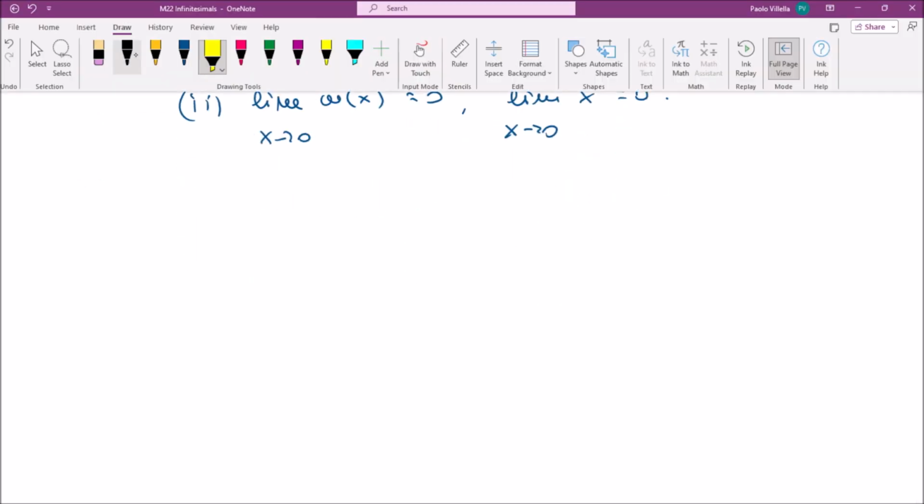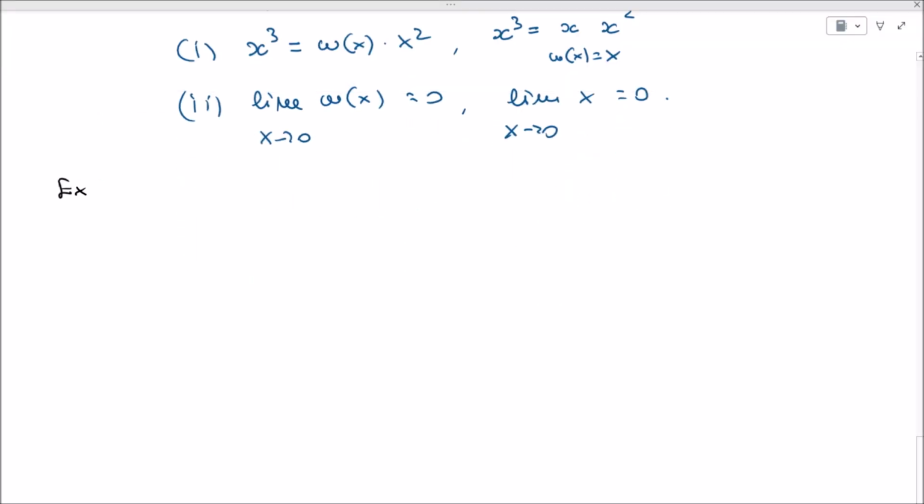Let's see another example. Example 2. Let's take the function sine square of x, and we say that this function is small o of x for x that goes to 0. And now we are taking as the domain of the function the real line except the origin. Okay?